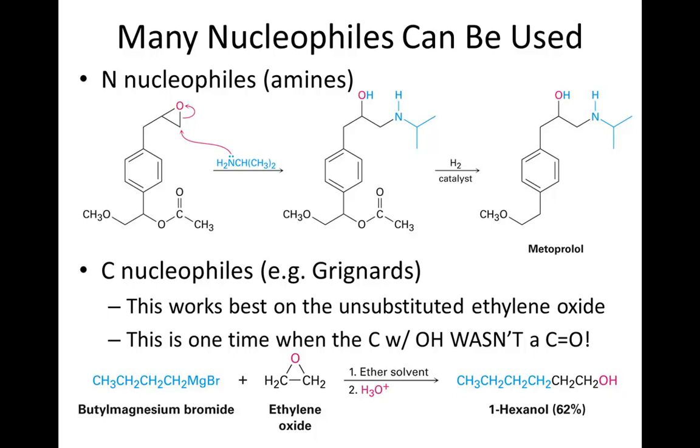And not to say you couldn't make this molecule using a carbonyl compound. It's just you get two carbons on here all at once by using this. Otherwise, for primary alcohols, you'd have to use formaldehyde if you had a chain of things. And so this is nice because you get two carbons at once. So keep that in mind. The carbon in the Grignard is a very good nucleophile for this guy also.